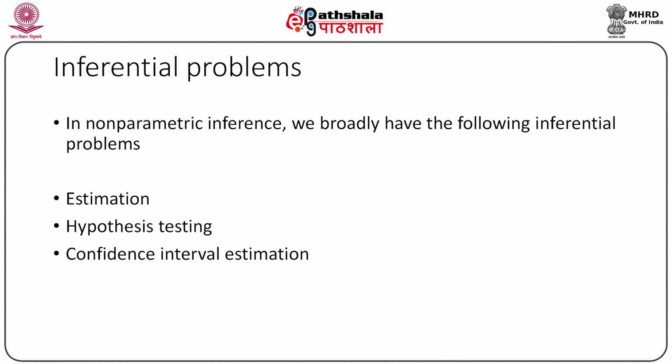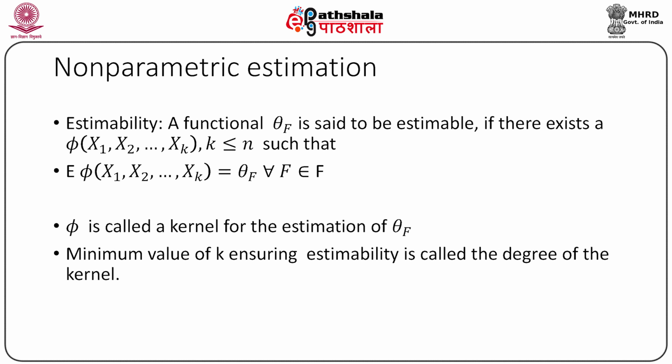Lastly, we have confidence interval estimation, where we try to develop a random interval which contains the unknown parameter with high probability. A non-parametric inference procedure also has the same three components, but these problems are tackled in a different way, as the underlying distribution is not known, at least functionally.